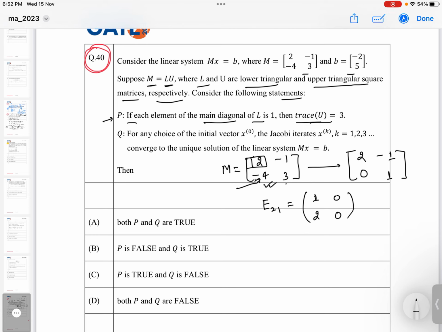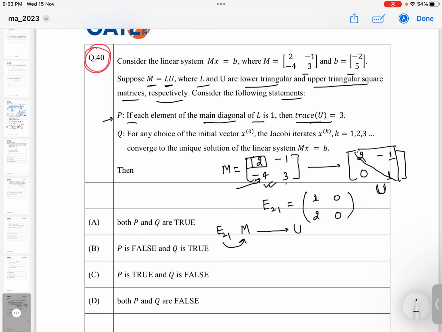This is the elimination matrix. When we applied this E21 to this matrix, it got converted to an upper triangular matrix.